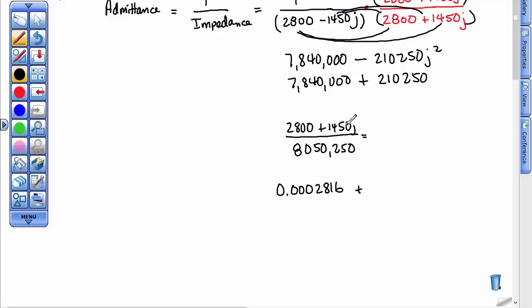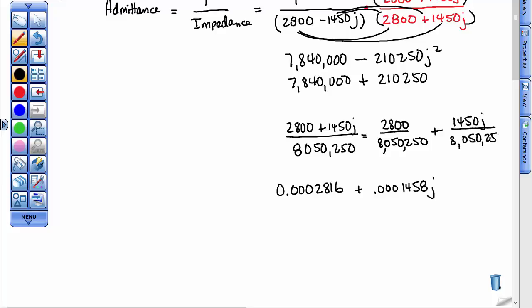And then when I took the 1450 and divided it by this 8 million, I got 0.0001458. And remember, that's j. So again, I did this by taking the numerator and putting it over the common denominator and getting these very small decimal numbers. So that's how I got it.